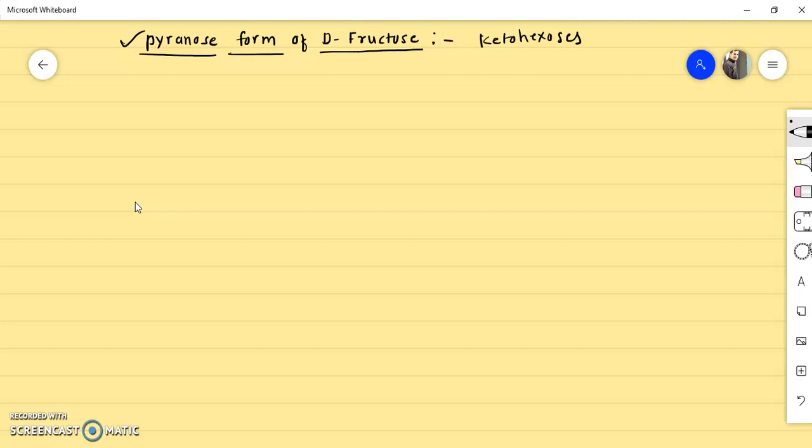So first of all, I will draw here the structure of D-fructose. So this is the structure of D-fructose. Say CH2OH, this is the first carbon. Then this C double bond O, this is the second carbon. Then there are 3 other carbons like this. I will draw here.